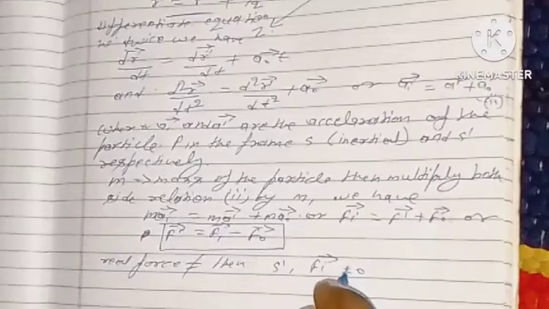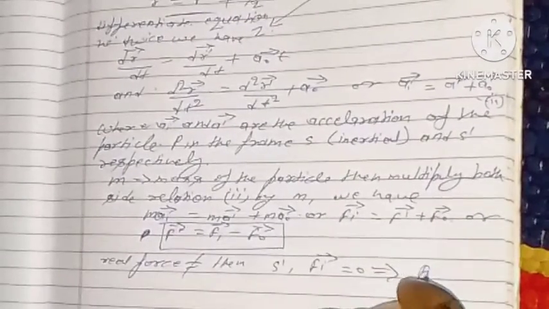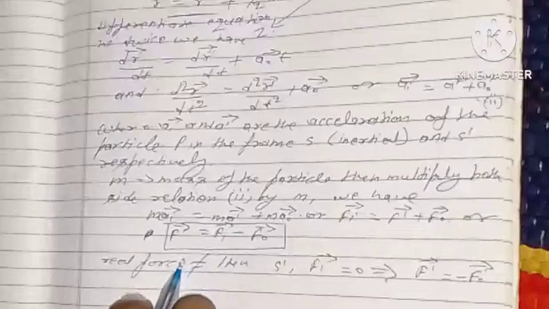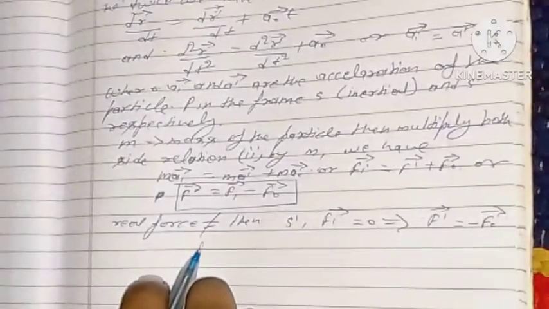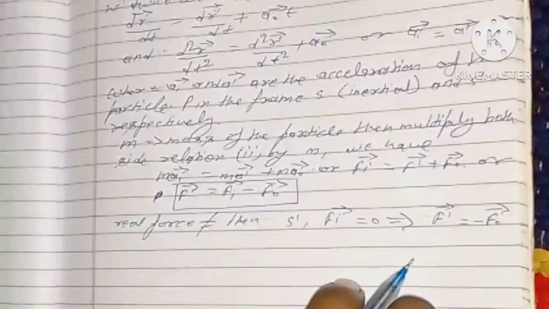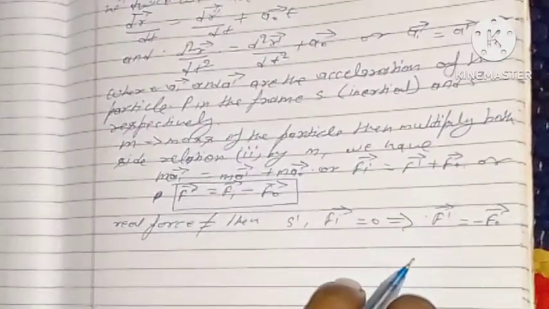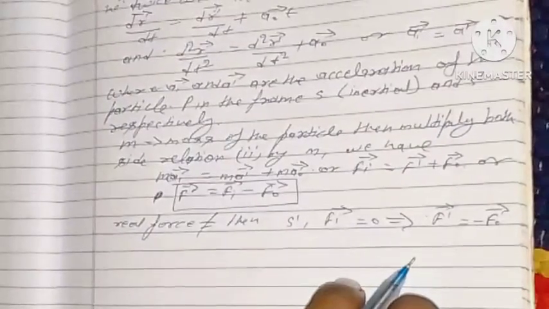In such a case F dash equal to minus F0 vector. Thus we find that in the frame S dash the particle P appears to experience a force minus F0 even when no force is acting on it in the inertial frame S.